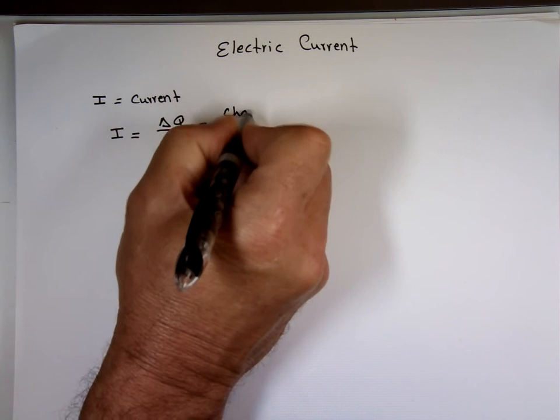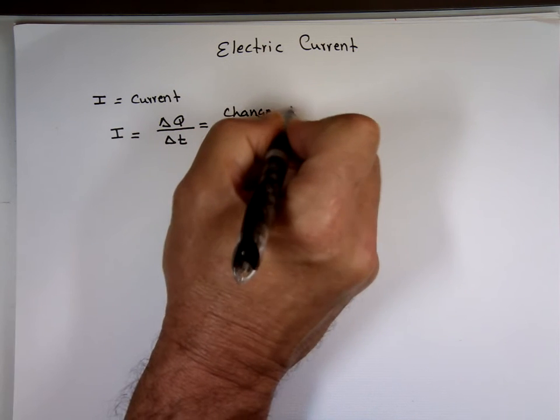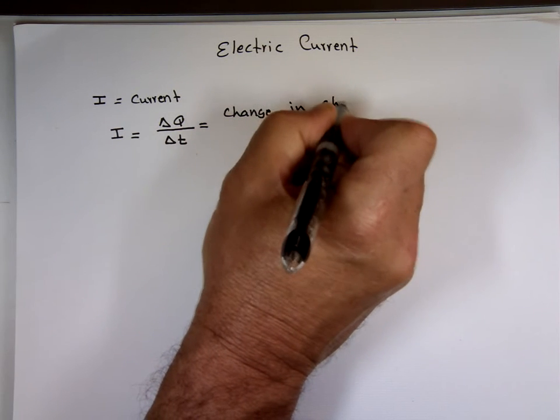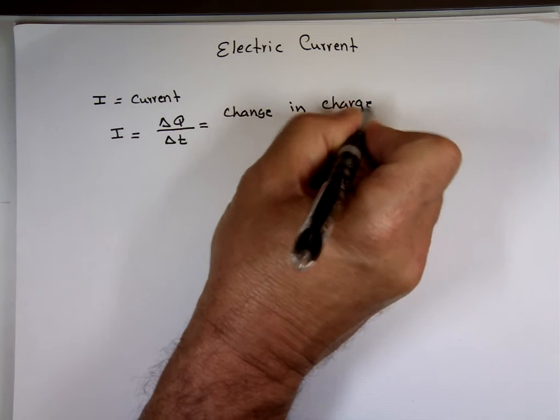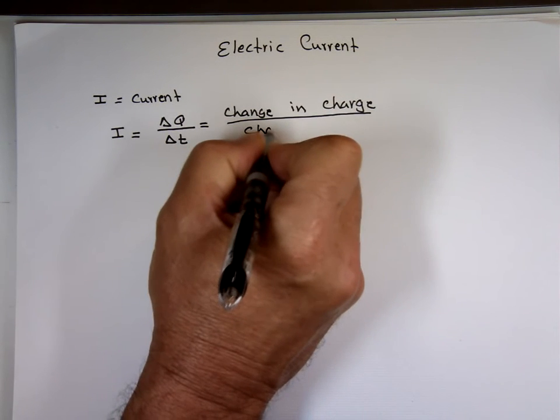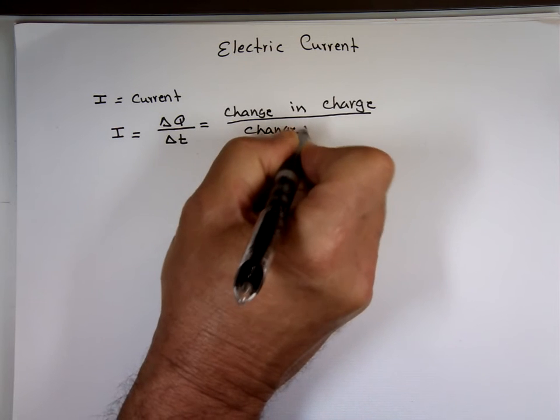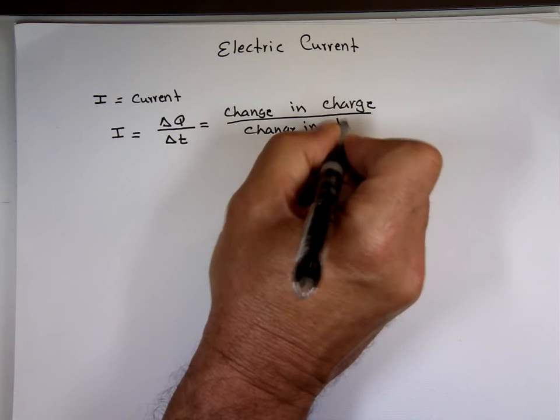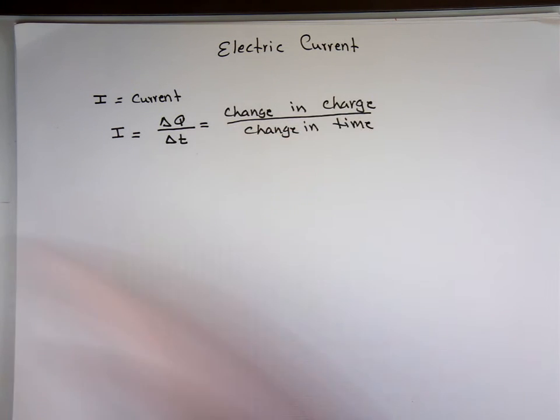Q here is charge, the change in charge over change in time, because Q used to mean heat for us before in one of the previous chapters, but here Q is charge.